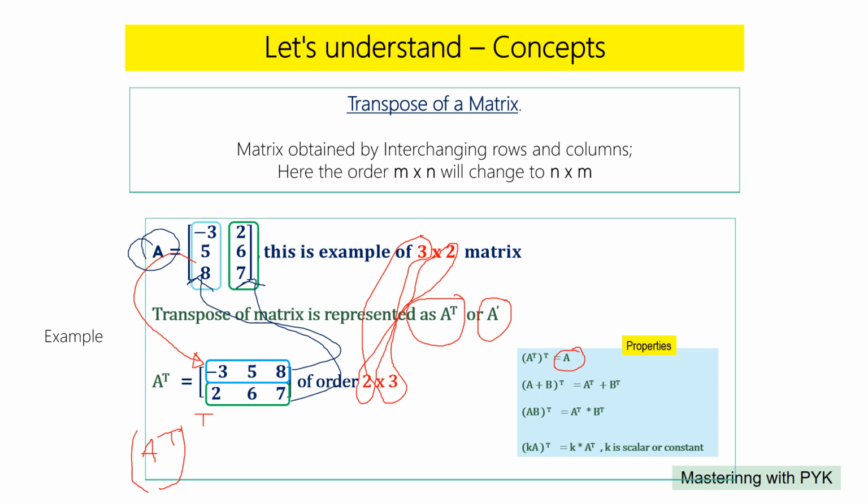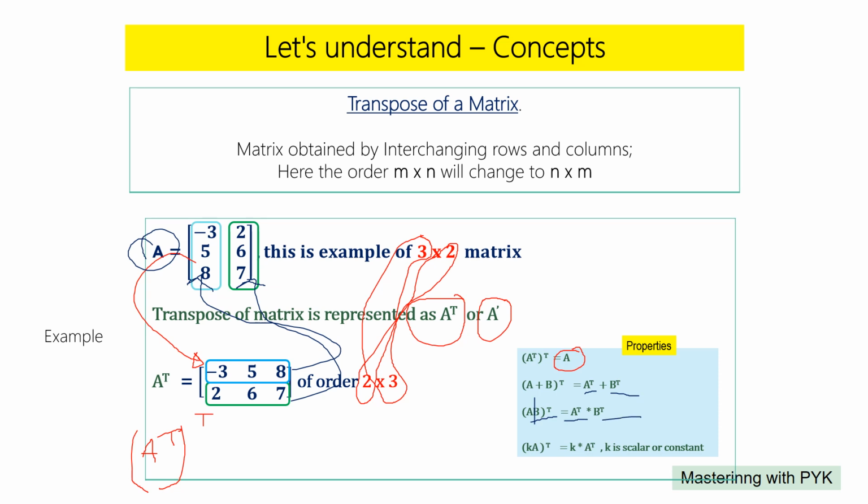And a transpose of addition of two matrices can be separated as A transpose plus B transpose. Multiplication, we can divide it, meaning split it, so A transpose multiplied by B transpose.